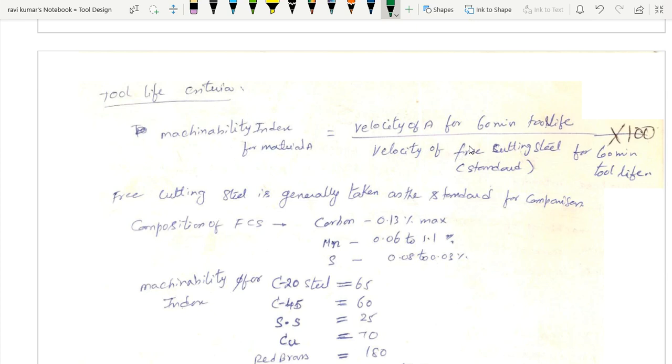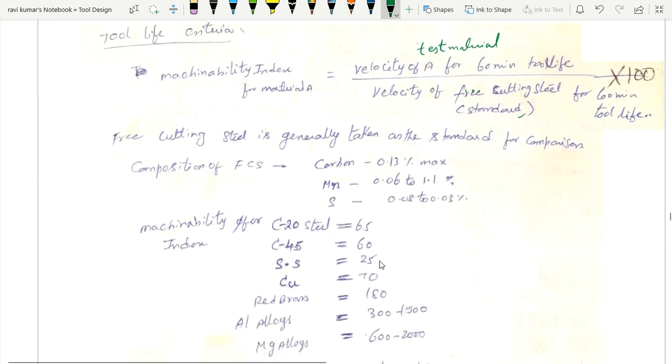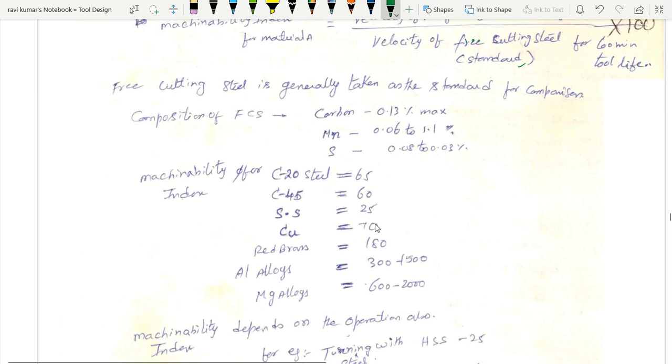This is nothing but velocity of test material, which gives 60 minutes of tool life, divided by velocity of free cutting steel. So this is nothing but the standard. So I compare the velocity of the free cutting steel for 60 minutes of tool life.